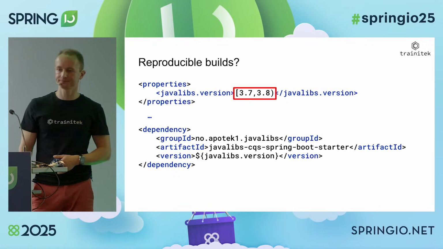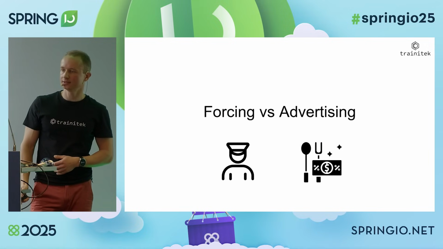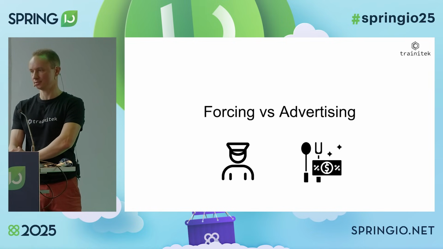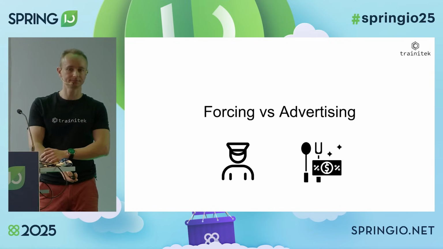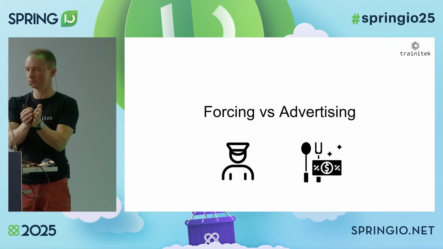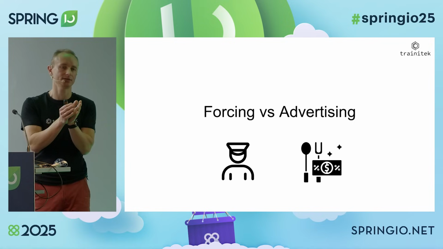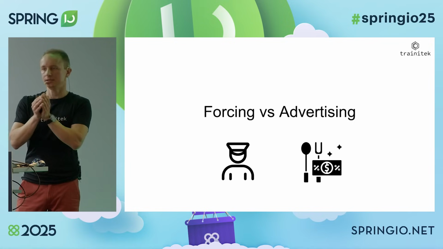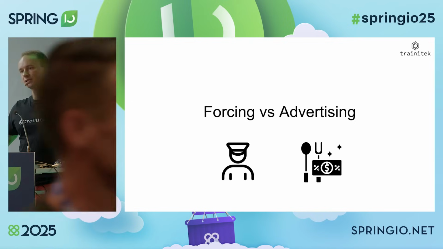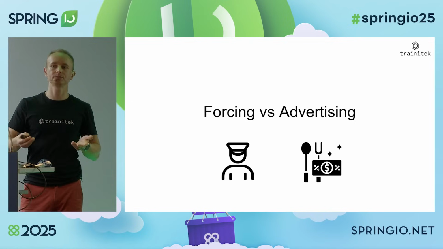And the last one, forcing or advertising. What to choose? Should we force others to use our library, or should we advertise it? In some cases, in some environments, maybe corporate environments, I don't mind forcing people.